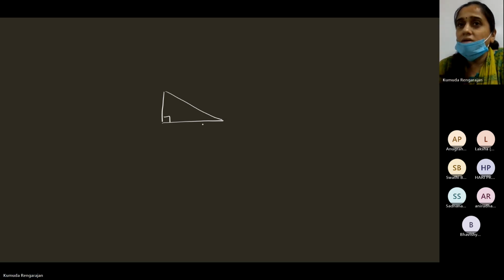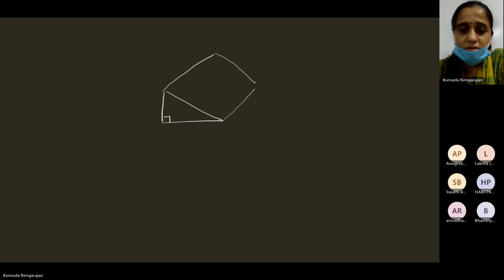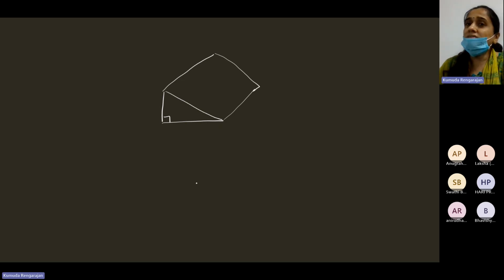I'll name it later. There is a square described on the hypotenuse. So this is the hypotenuse, and there's a square described on the hypotenuse. Okay, there's a square also described on one of its legs.